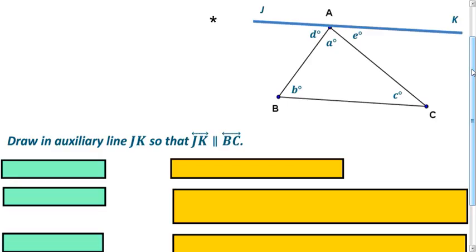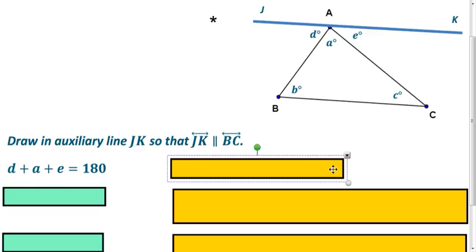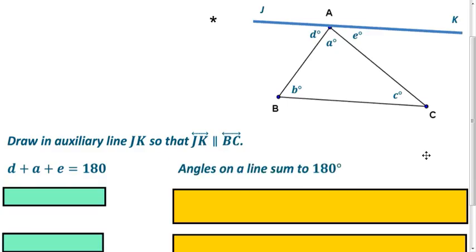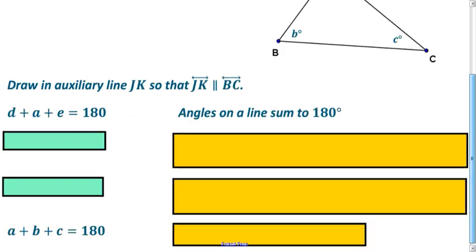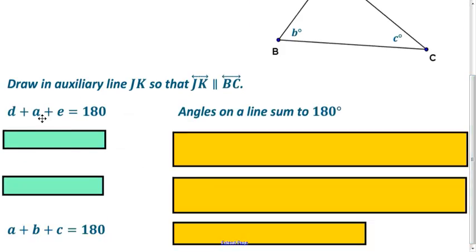Where else could we get 180 degrees from? Well, we have this line JK, and what we know about a straight angle is that it measures 180 degrees. So if we add up D, A, and E, that gives us 180. Angles on a line sum to 180 degrees. Looks like we're on the right track, but we want to keep A in there.